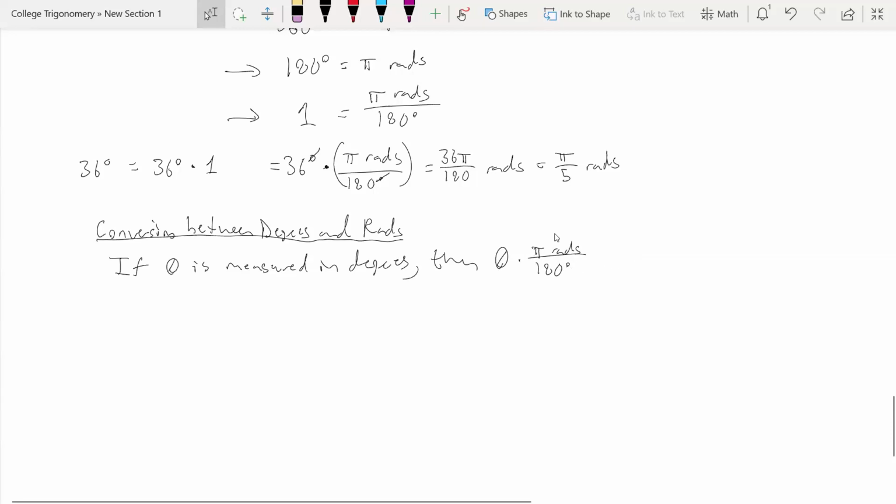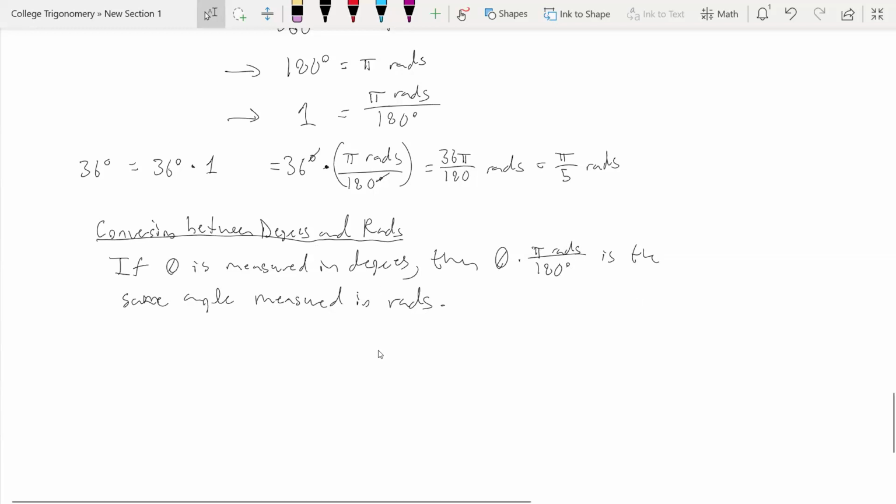Then your degrees will cancel off and you'll be left with radians. So this will be the same angle measured in rads.